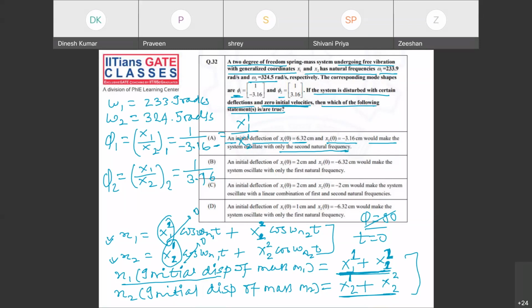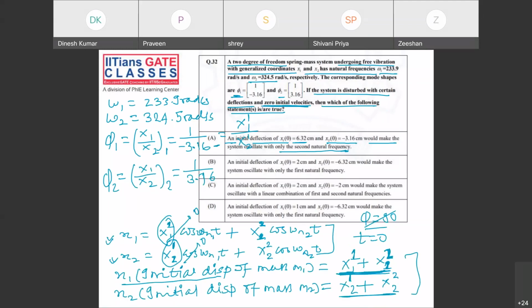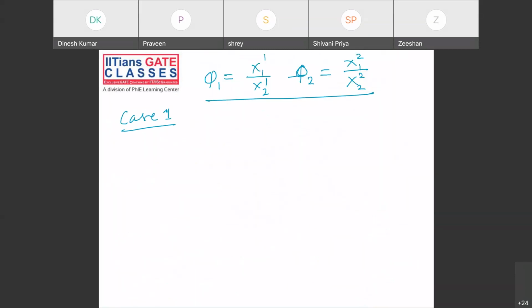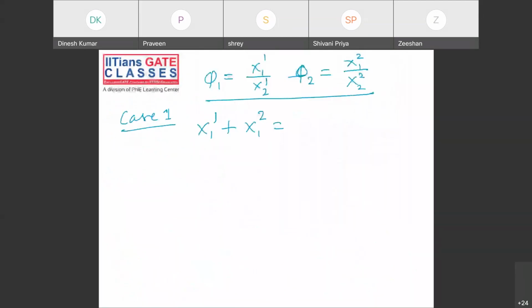So using these equations, if you see case 1, your x1 first term is 0. So I will write this equation again. My equation is x11 plus x12, and the initial displacement they gave is 6.32.